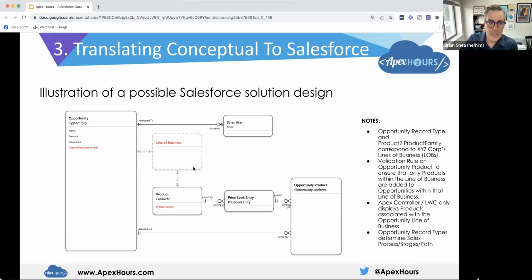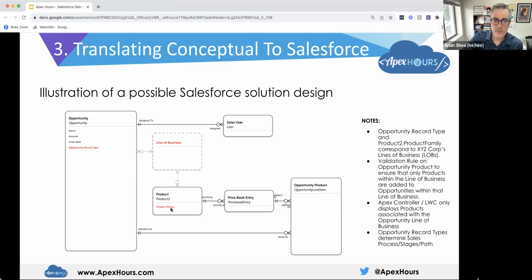And that concept of line of business is expressed in Salesforce on the opportunity as an opportunity record type. So in this example, let's say we had 4 record types, one for each of the corresponding 4 lines of business. And we have a standard Salesforce field called product family.